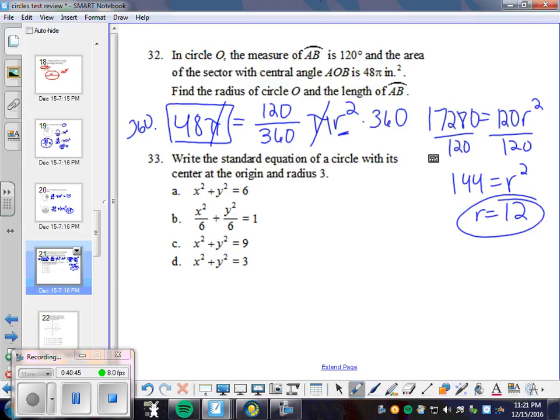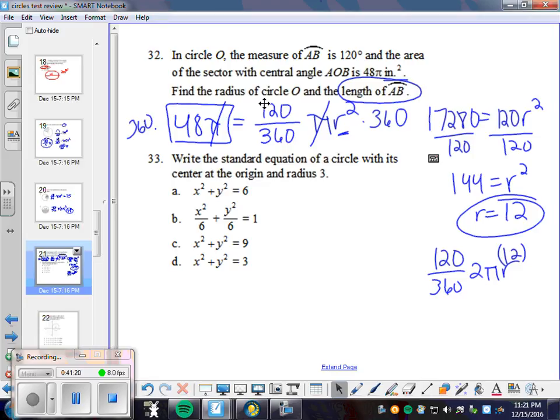Okay, so that's your radius, but they want the length of AB also. So the arc length would be 120 over 360 times 2 pi r. And now we know the r is 12. So do your multiplication. 120 times 2 times 12 times pi divided by 360.